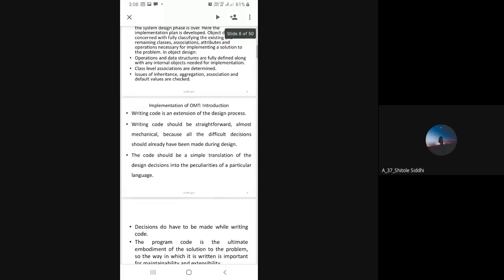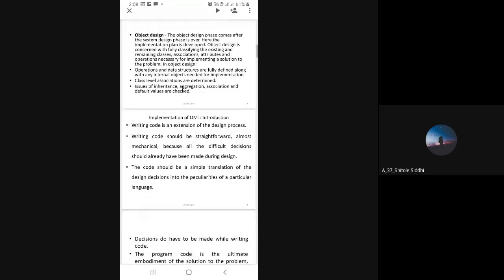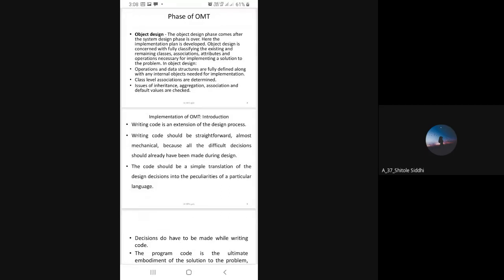So without taking much time, whatever modeling you have done, convert the same into code. The code should be a simple translation of the design decisions into the peculiarities of a particular language. Whatever language you are using, maybe C++ or Java or any object oriented programming language, make sure that it is a simple translation of the design.